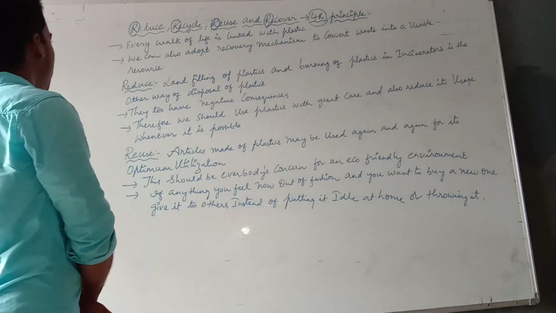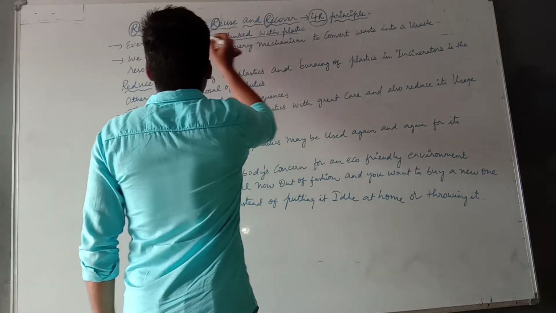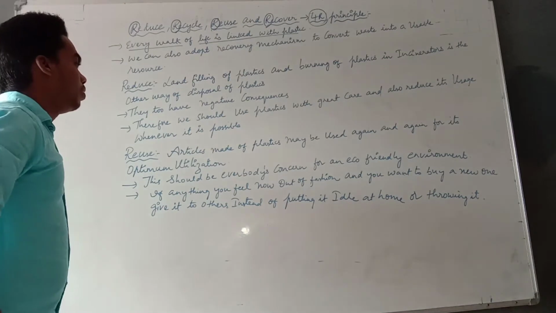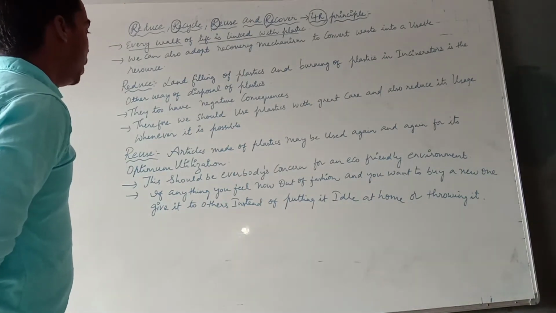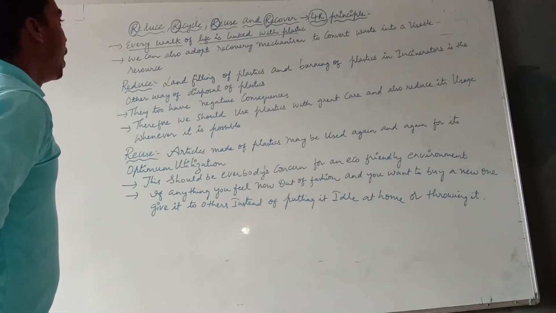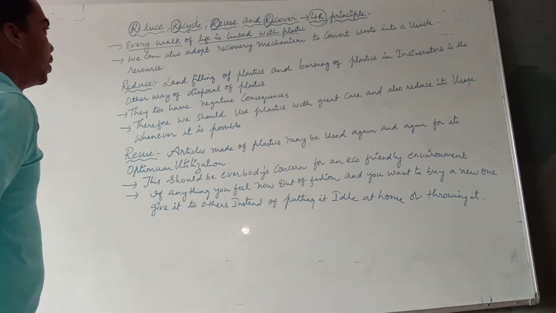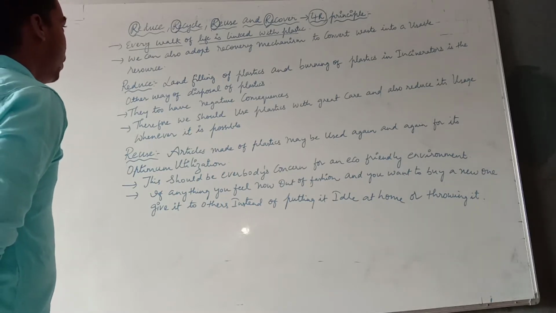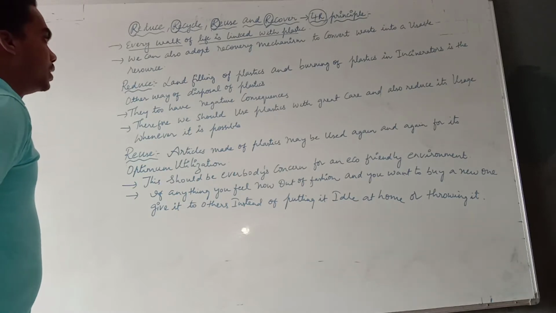Every walk of life is linked with plastics. You can see almost everything which we are using today is definitely made of plastic. We can say that plastic has occupied a major role in developing many things in the universe, starting from small to large.